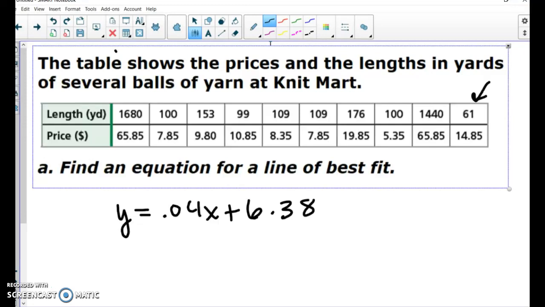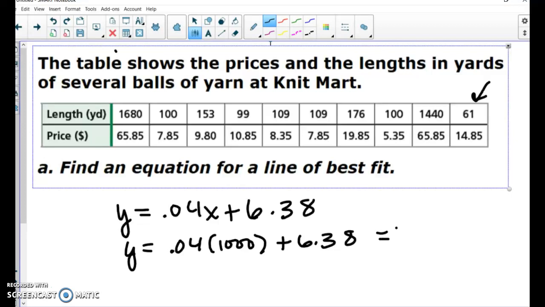So we're going to stick in that independent value, 1,000 yards. So we have 0.04 times 1,000 yards plus 6.38, giving us the approximate cost of 1,000 yards of yarn, and you should get for that roughly $46.38.